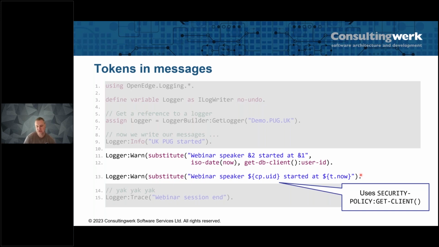Why would you want to do that? Well, then you don't have to necessarily worry about where the stuff came from. It also reads a bit cleaner. And in fact, this demo slide over here shouldn't even need that substitute statement. This won't compile. There's a copy paste error. So we would just say webinar speaker data at this time. So it can be quite handy for resolving that.